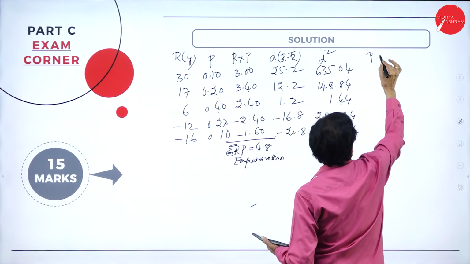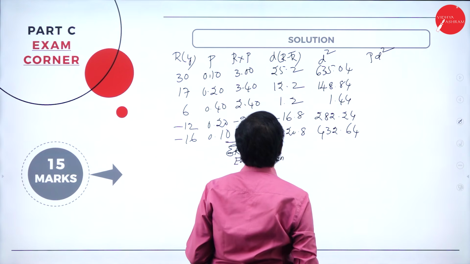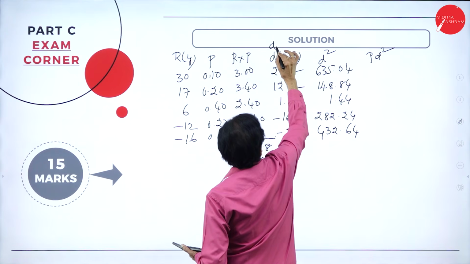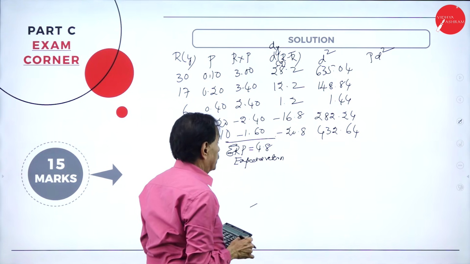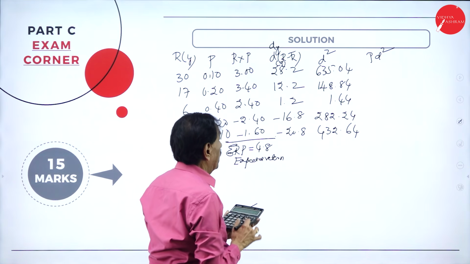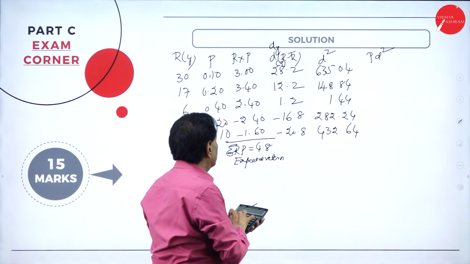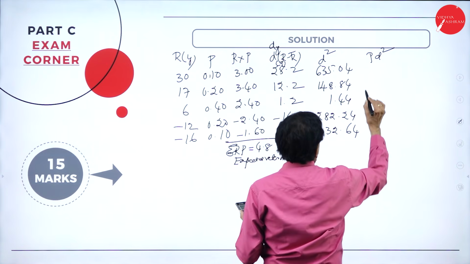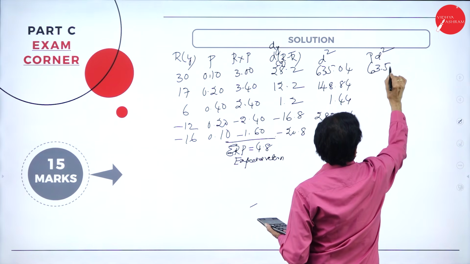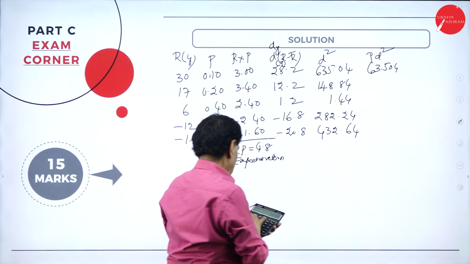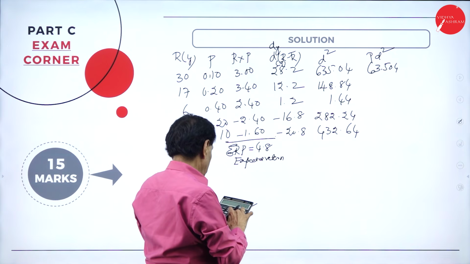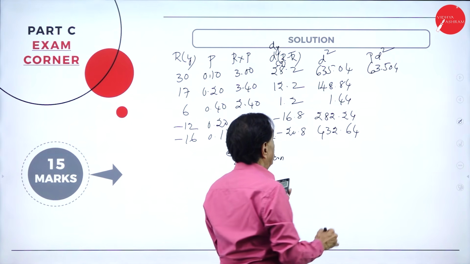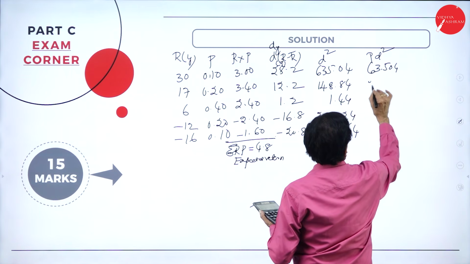P d square. You can call this dy. 635.04 into 0.10 is 63.504. 148.84 into 0.20 is 29.768.